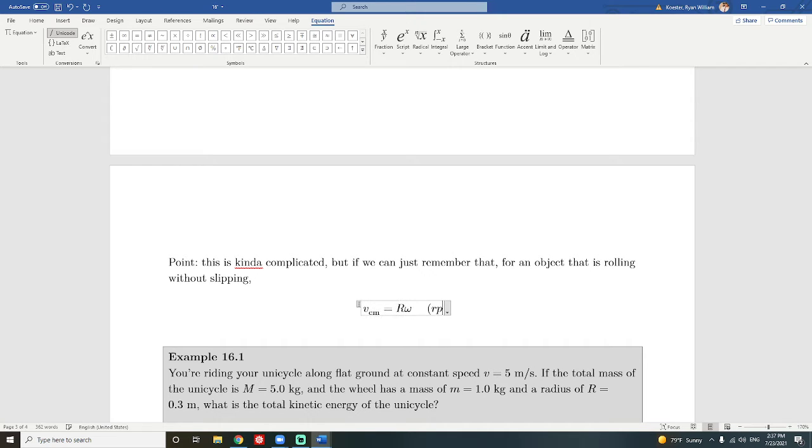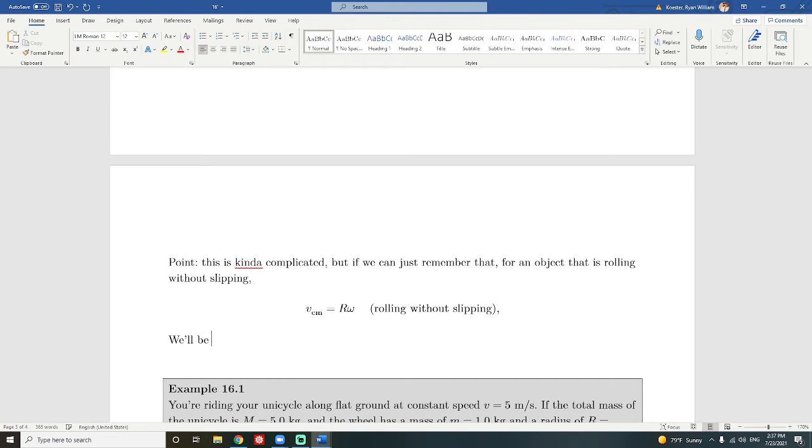And we could call this the no slip condition, rolling without slipping. Anyway, if we can remember this, we're going to be okay, right? We'll be just fine.